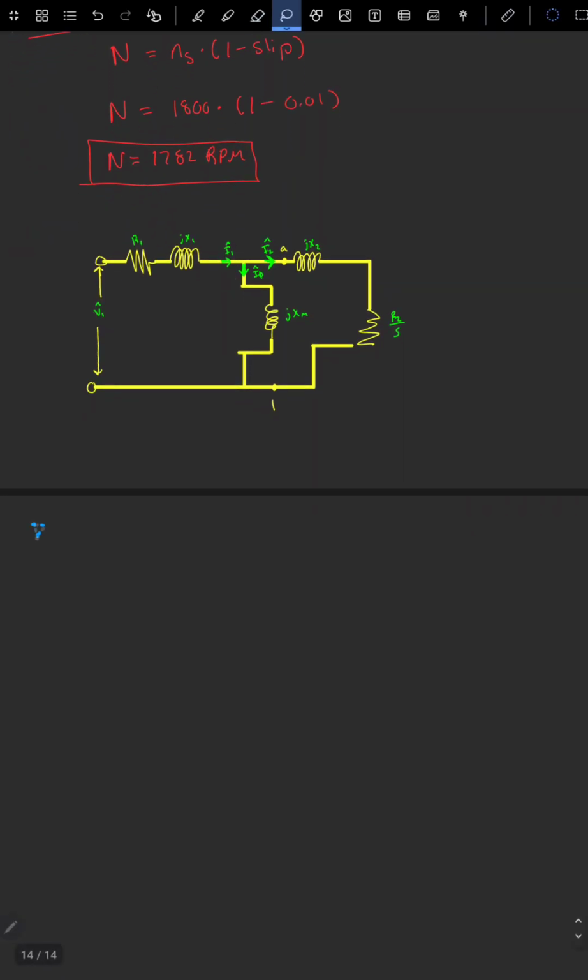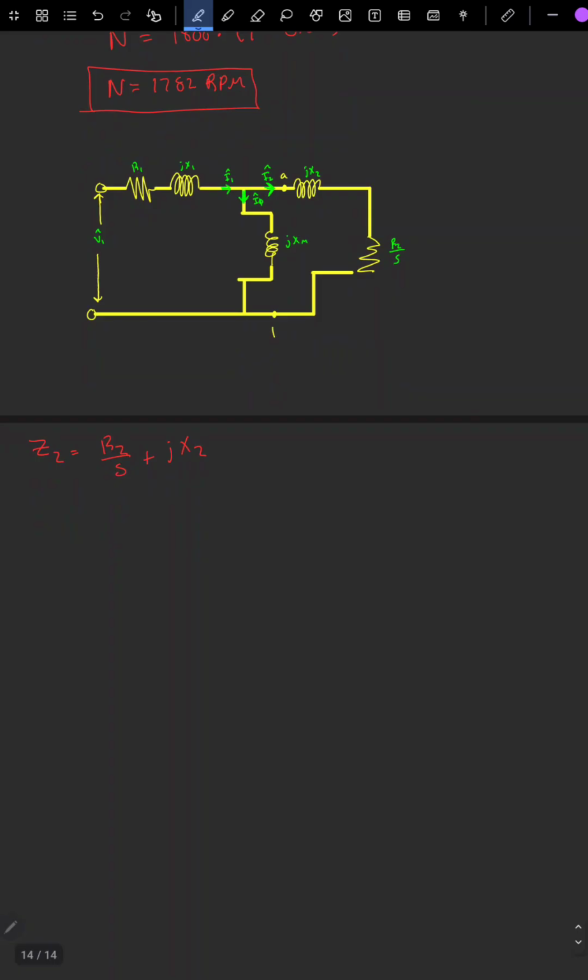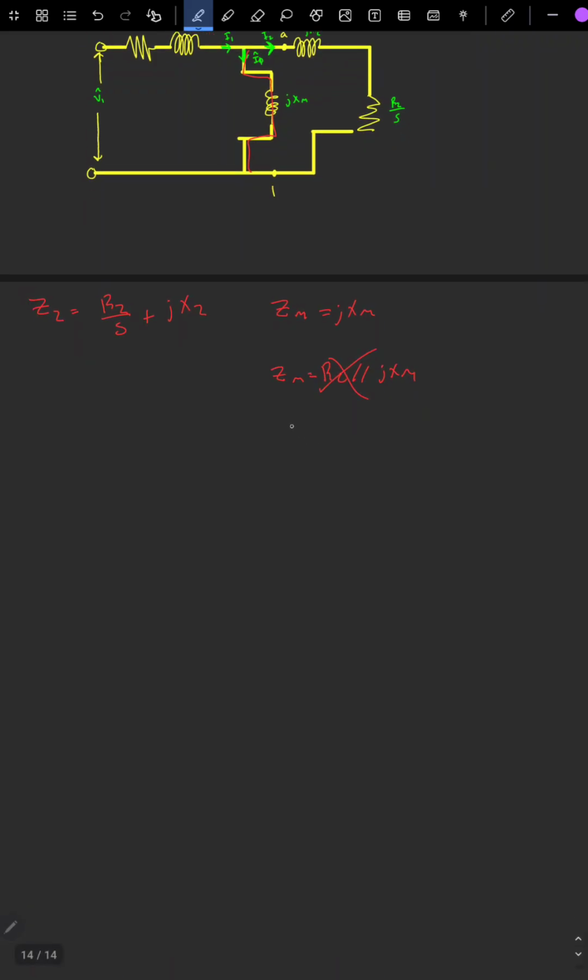So our Z2 still equals our R2 over slip plus our JX2, but our ZM, which is the total impedance of the core, is just going to equal JXM. It used to equal the core parallel to JXM. But remember, we're ignoring the core in this form. So it's just going to equal JXM.